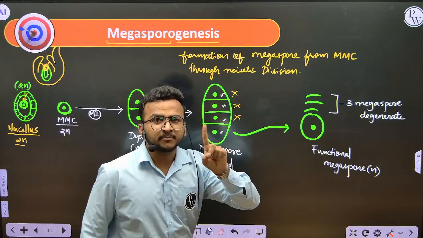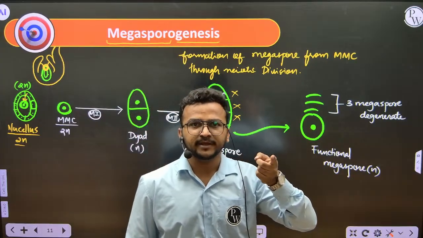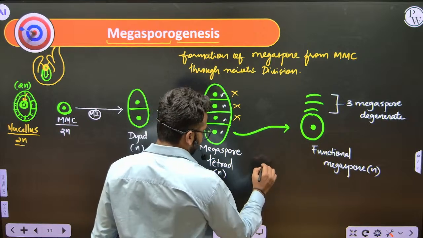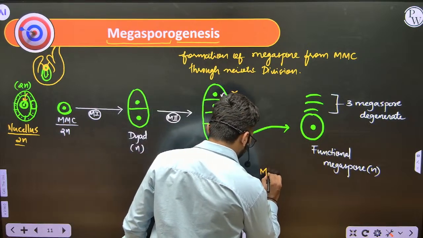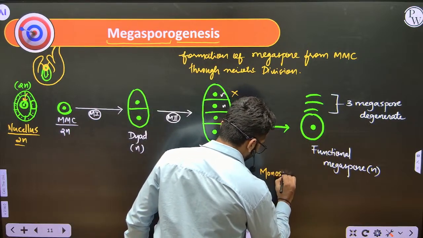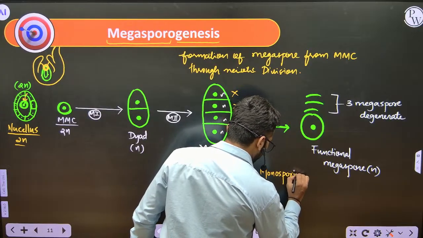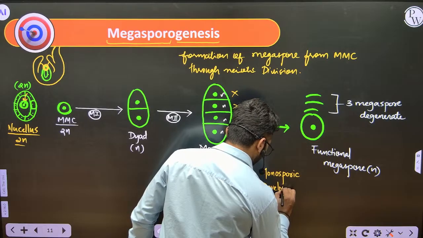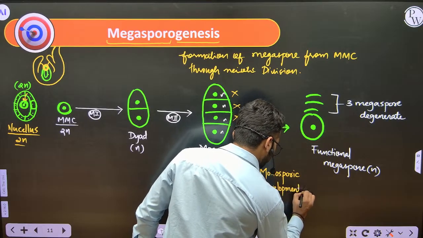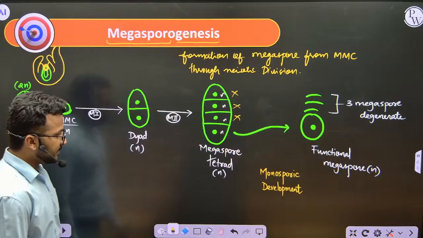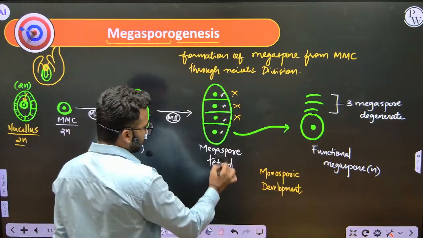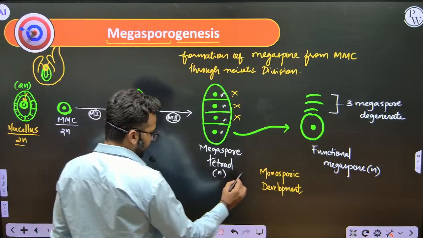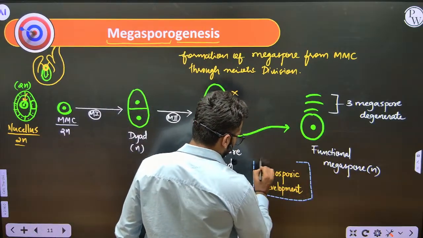If only one megaspore is becoming functional, it is monosporic development.